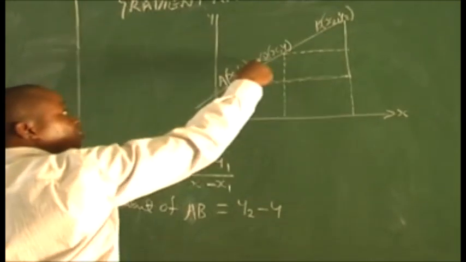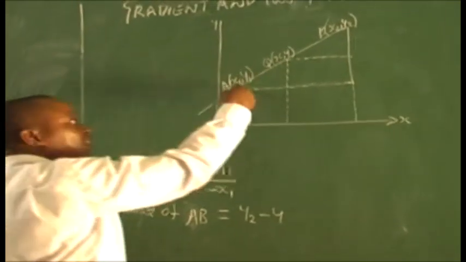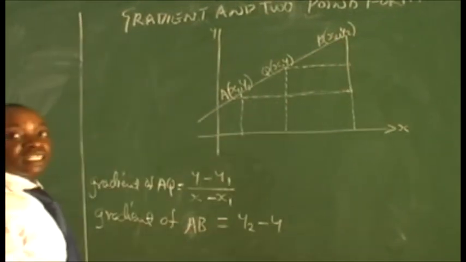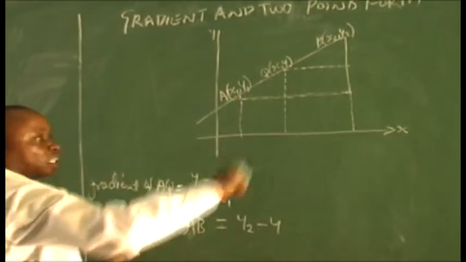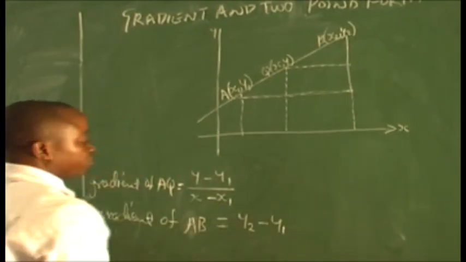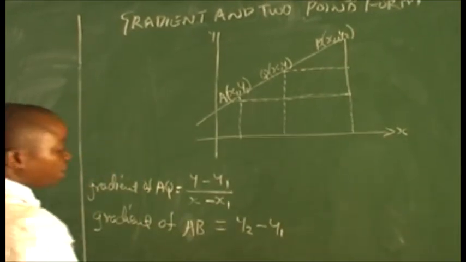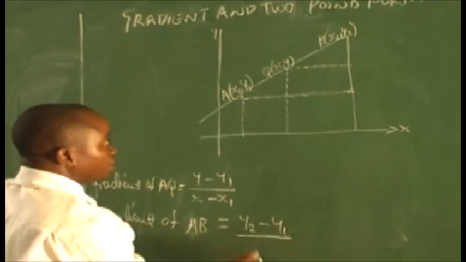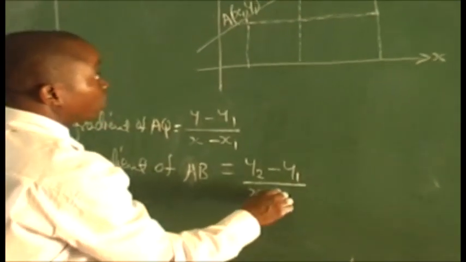The gradient of this and this is the same as the gradient of this and this, because gradient at any two points on the line is the same. So we have y2 minus y1 all over x2 minus x1.